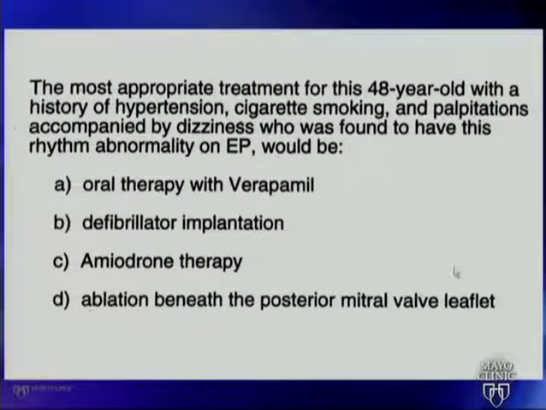So now we go back, and I'll take your responses. What will be your treatment of choice once you have this diagnosis? Is it verapamil, defibrillator, amiodarone, or some ablation in the ventricle that is near the mitral valve?